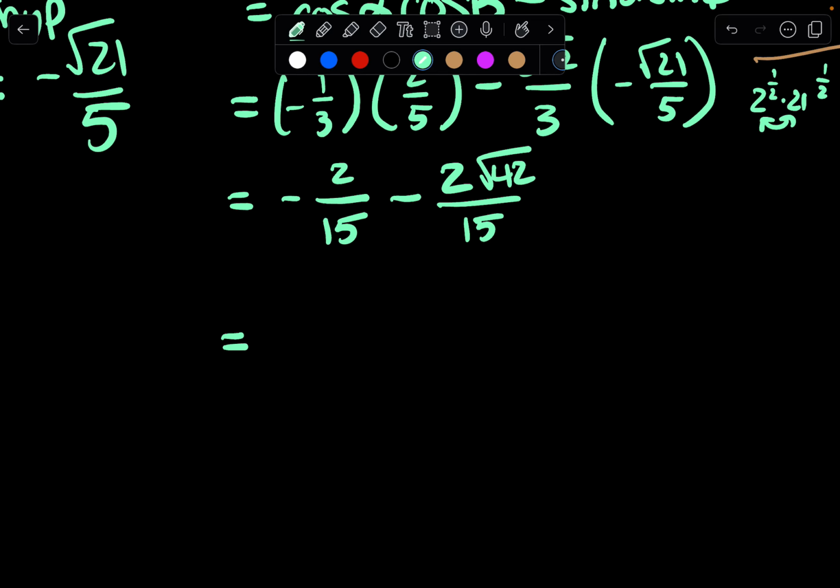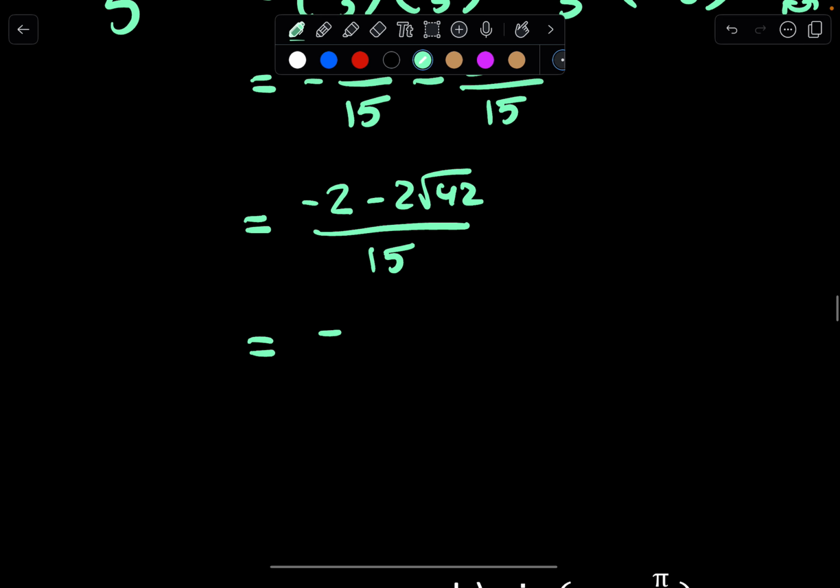All right, so we can go ahead and condense this a little bit. We should end up with, for the numerator, -2 minus 2√42/15. If you really wanted to get into simplification, we could factor out a -2. So we have 1 plus √42/15.